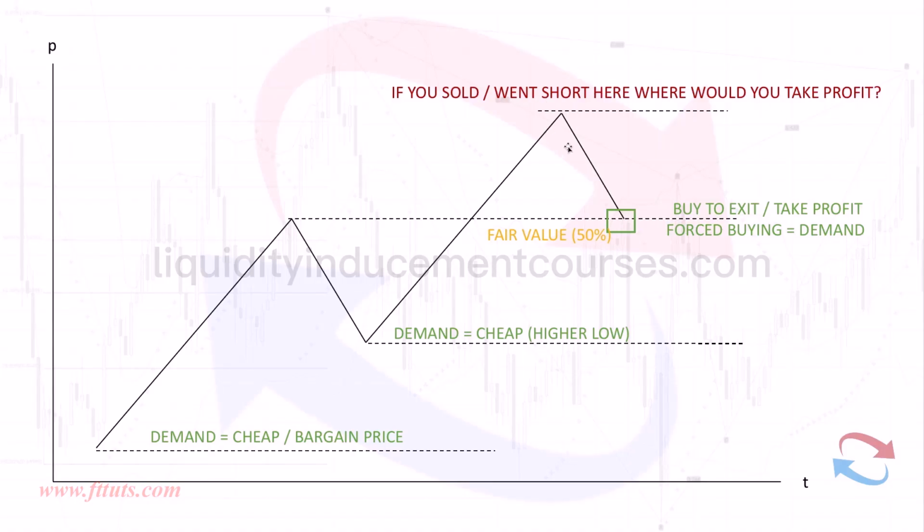A lot of traders will tend to take profit around here. If they're looking to the left at structures, then they would look to take profit here. Now, if they went short here, then their take profit will be a buy.